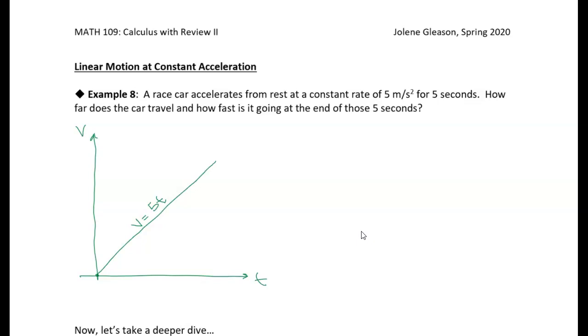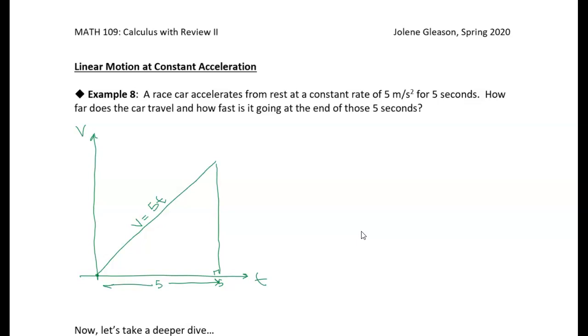So now we know, let's see, what does it say? That we are going for 5 seconds. So if I drop a little perpendicular here, this is 5 seconds. So now you notice this triangle. This is 5 on the axis, but we could also consider the length of the side of this triangle to be 5, right?